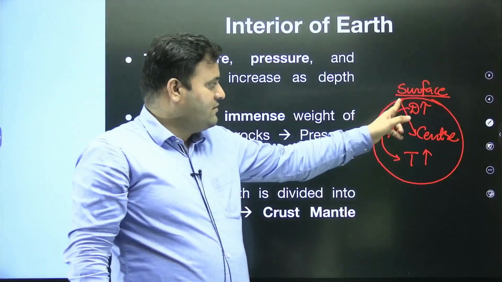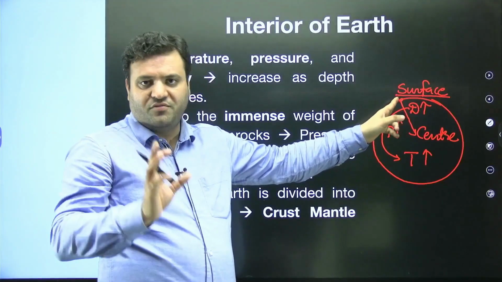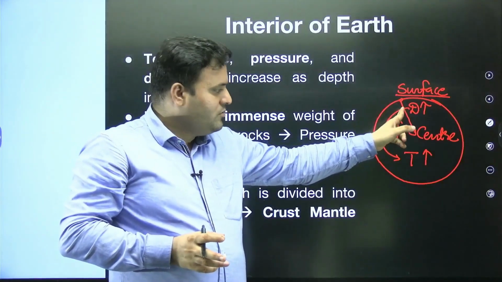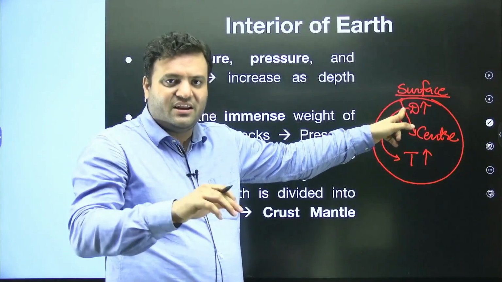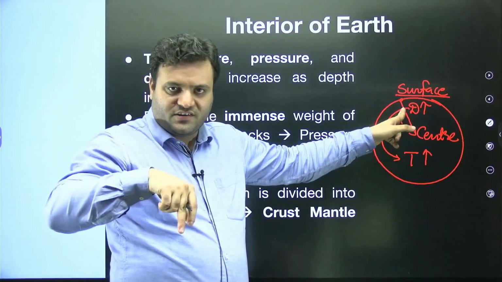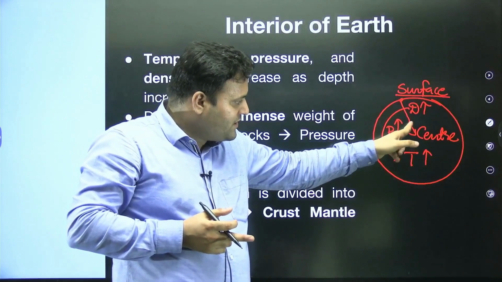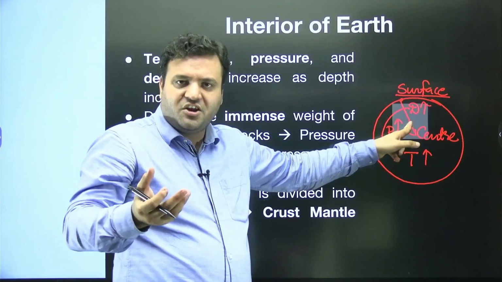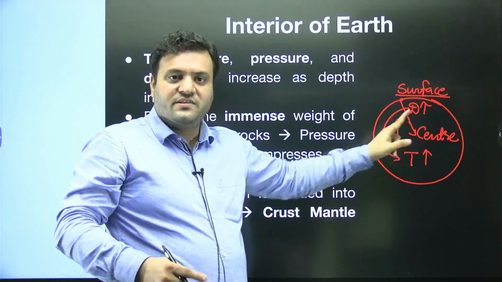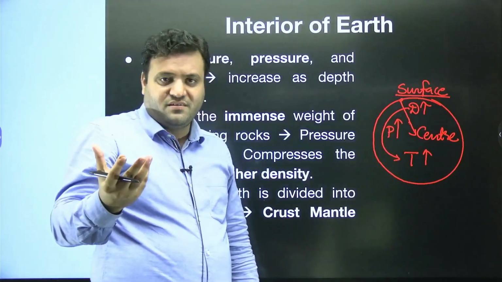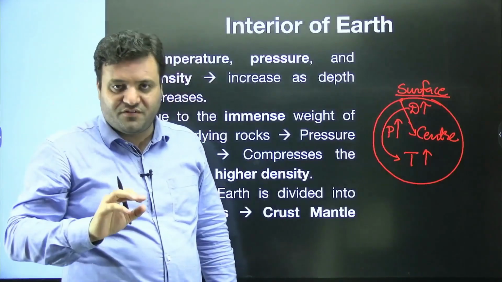Suppose you are at the surface, you will see a particular density and a particular temperature of rock. If you go to a depth of, let's say, 2 kilometers in our interior, you will see different rocks in terms of their composition and their temperature. If you go further, let's say 10 kilometers depth from the surface, then you will see possibly the maximum density of rocks which are found on the surface of Earth.